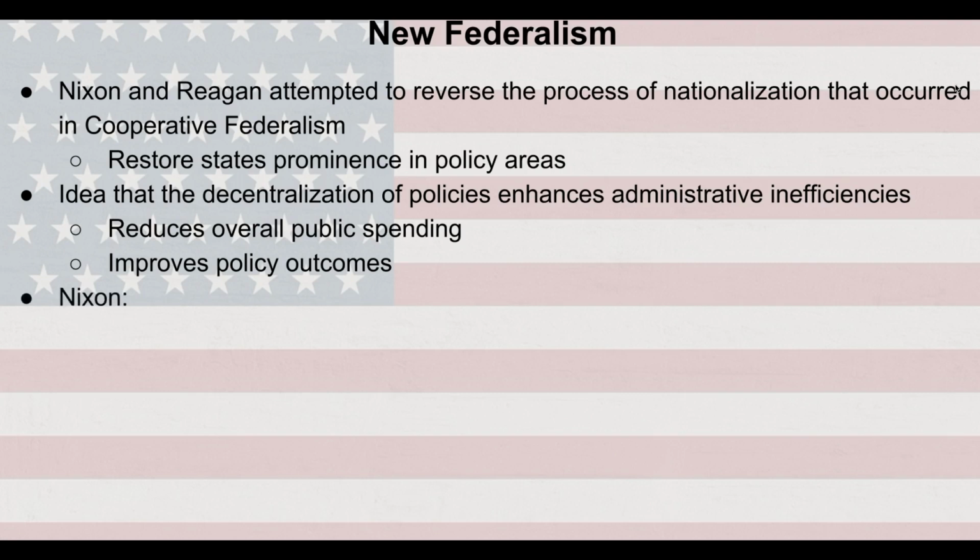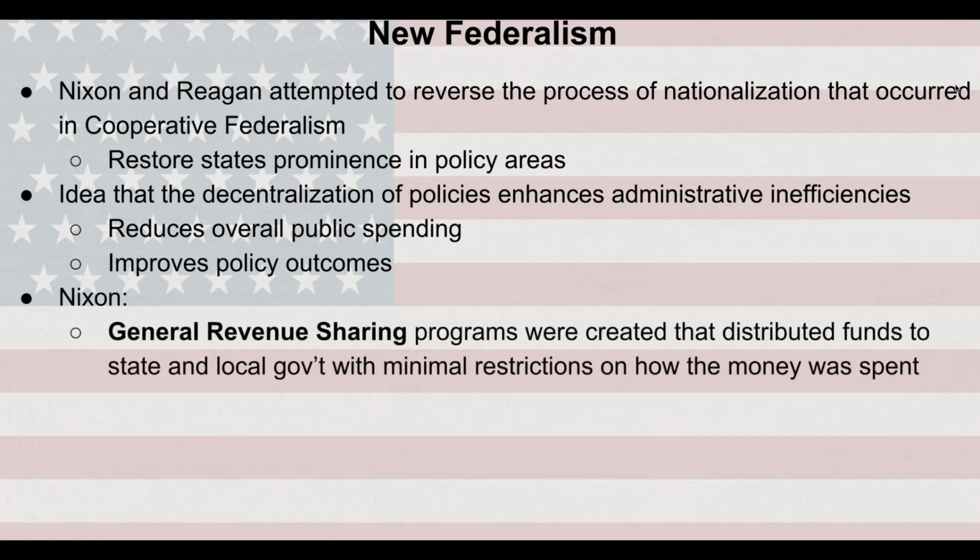And so with Richard Nixon, he is going to create and utilize the general revenue sharing programs that distribute funds to state and local governments with minimal restrictions on how the money is spent. And this is really kind of a dream for state and local governments, because oftentimes when money is shared with state and local governments from the federal level, there's going to be a lot of strings attached and you have to utilize it in a certain way.